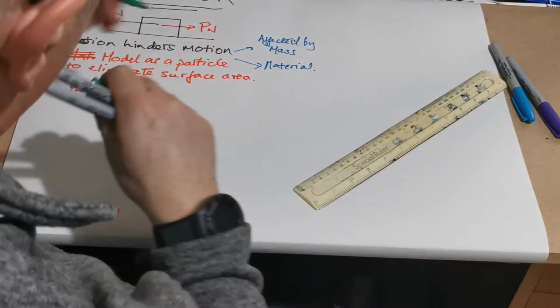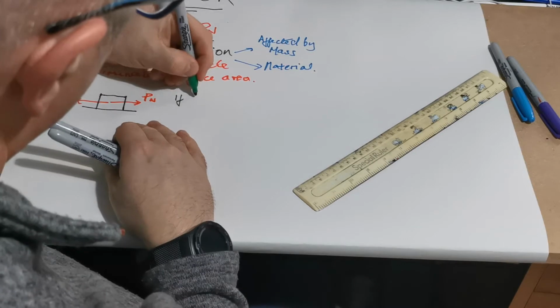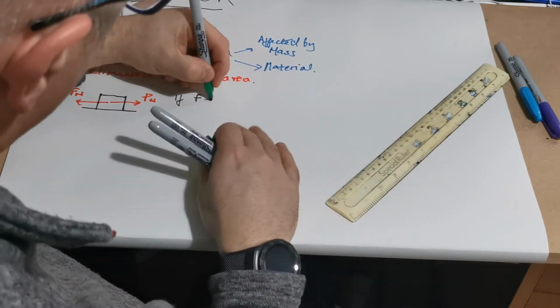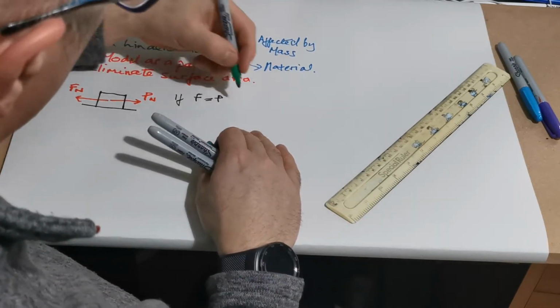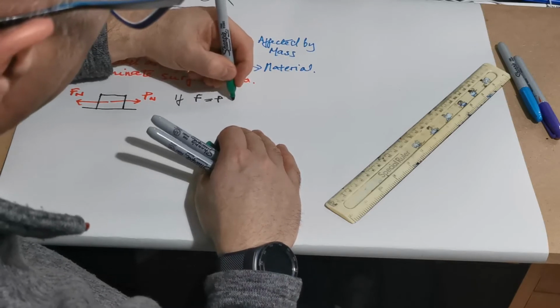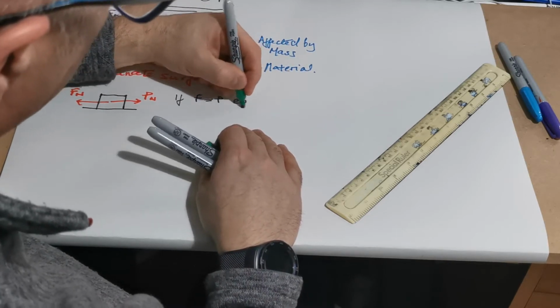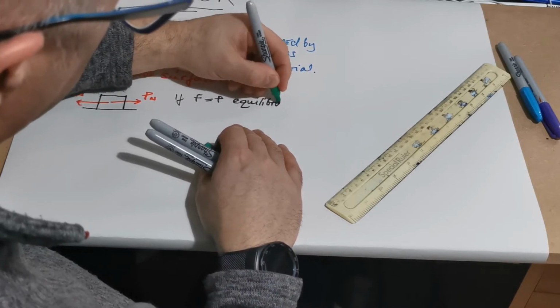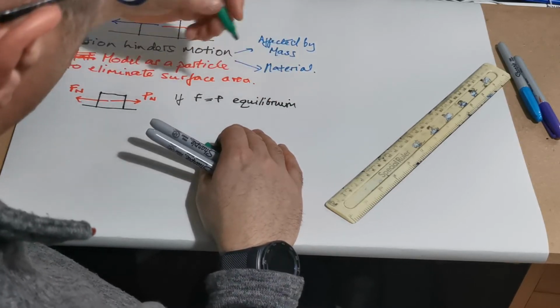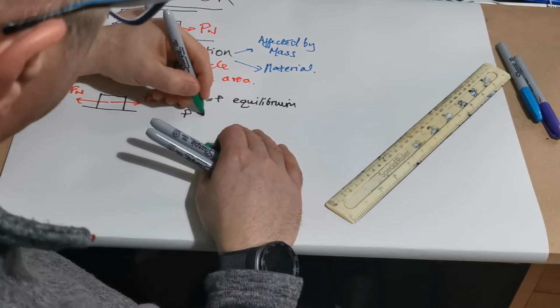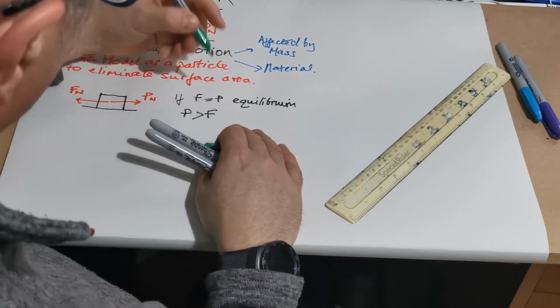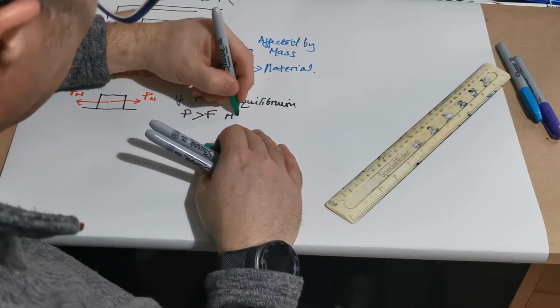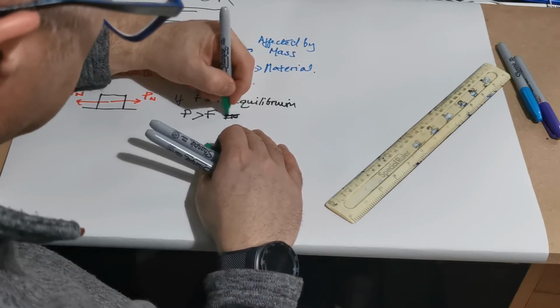If F equals P, it doesn't move. You would say that's in equilibrium. And if P is greater than F, it moves to the right, or it accelerates to the right.